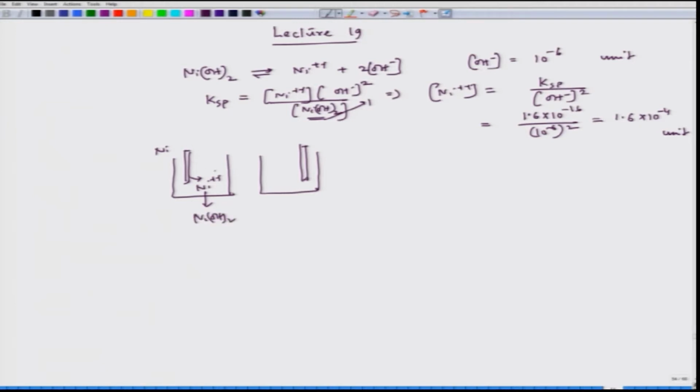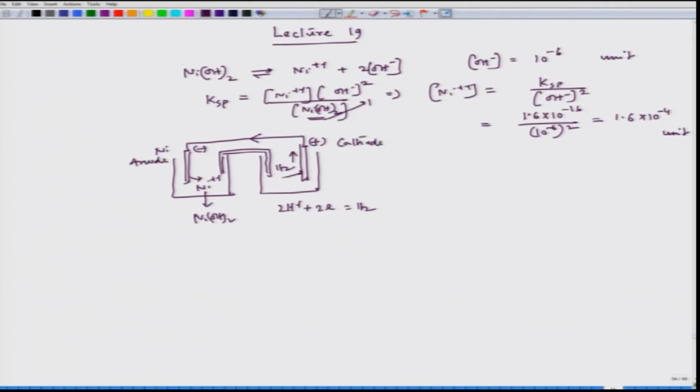Since nickel is dissolving and hydrogen is evolving, H⁺ plus 2e equal to H2, this cathodic reaction is taking place on this particular electrode. Now, if we have a connection like this with a salt bridge, then if we connect them, the current should flow from this way to this way. So, this is the positive end, this is my negative end. So, this would be my cathode and this would be my anode.